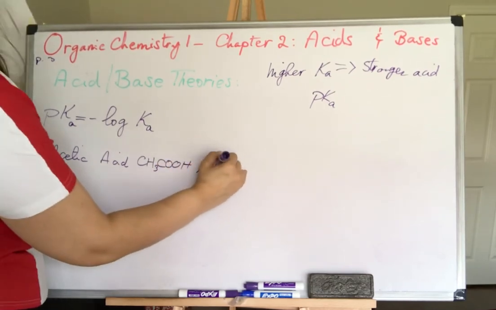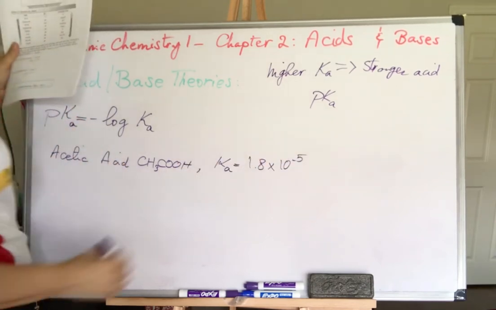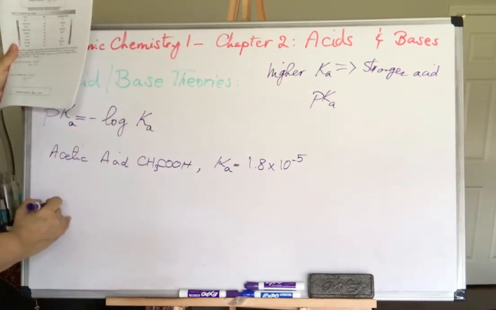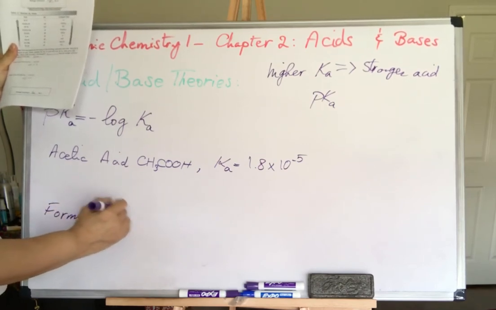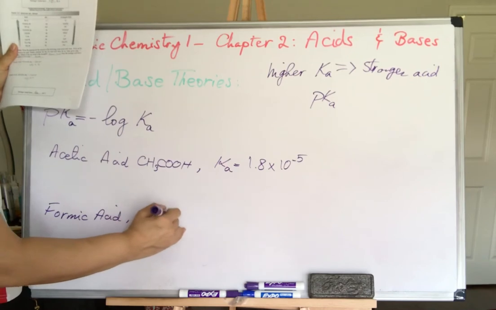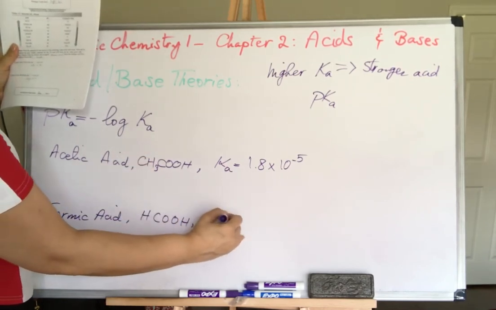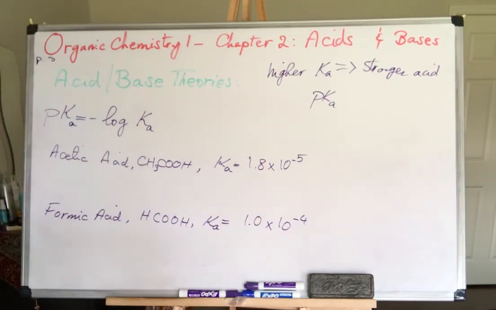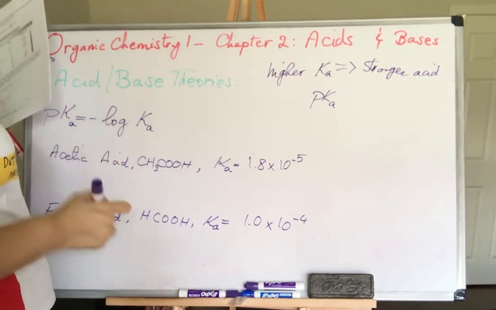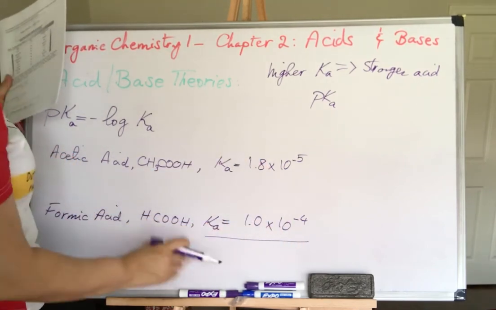Ka is 1.8 times 10 to negative 5, and formic acid HCOOH, Ka is 1 times 10 to negative 4. So if we want to judge based on the Ka values, which one has a higher Ka? 10 to negative 4 or 10 to negative 5? Of course you would say 10 to negative 4.